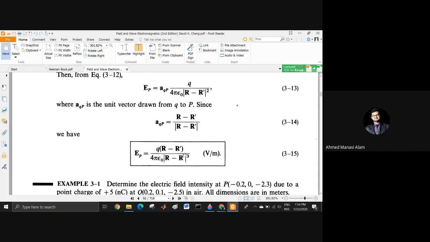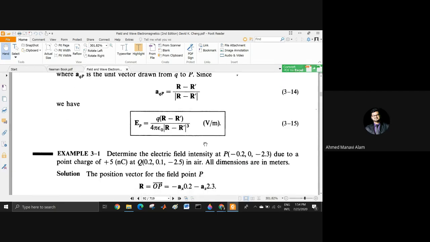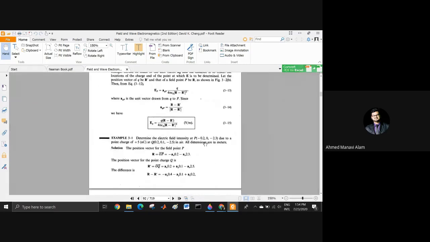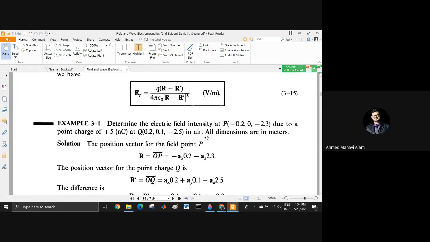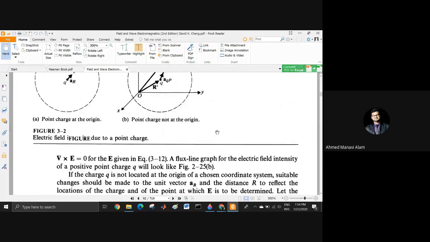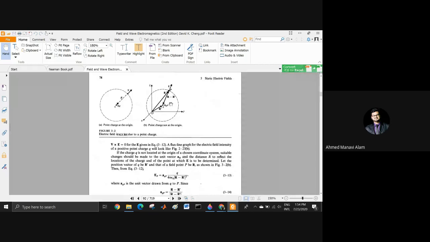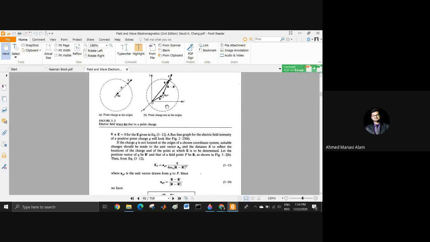So we have completed our very first expression, which is Coulomb's law. Now we will do a simple mathematical problem. Very simple but very important. Determine the electric field intensity at P. That means this question is compatible with this figure.